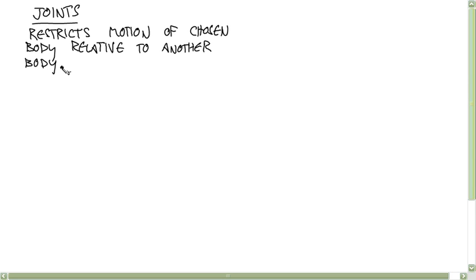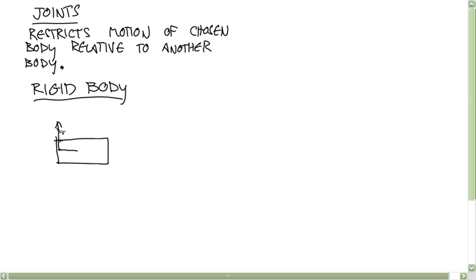So what if there's no joint? What kind of motion is allowed by a body that's totally free? So a rigid body in 2D has 2 degrees of freedom in translation.